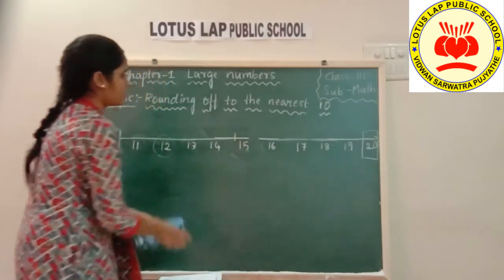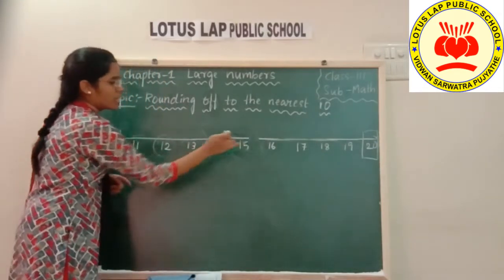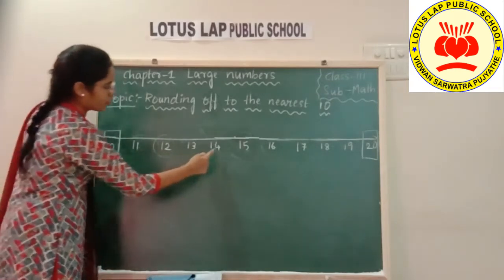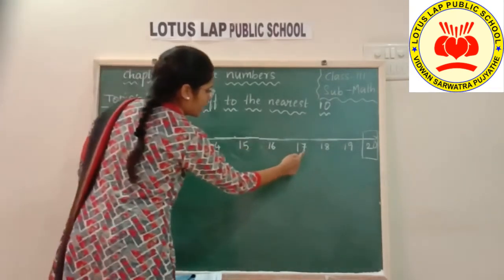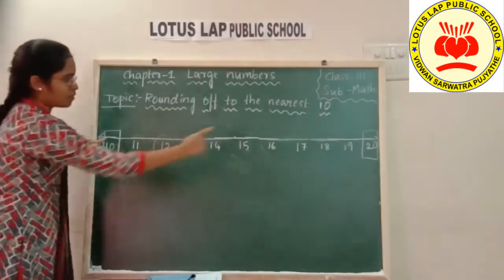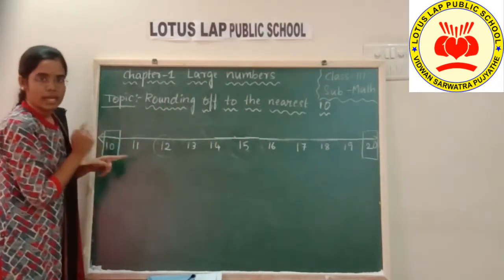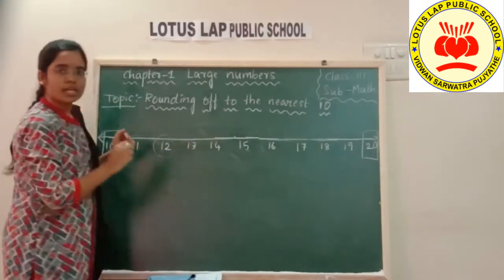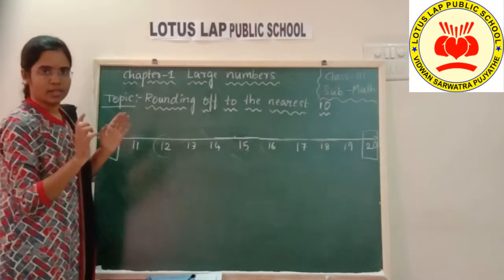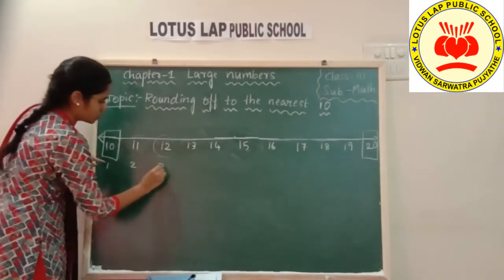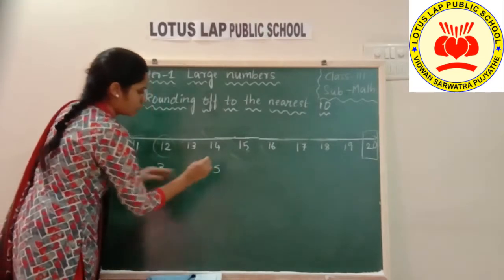See, let us count the numbers on the number line. 1, 2, 3, 4, 5, 6, 7, 8, 9, 10, 11. Yes children, there are 11 numbers on the number line. We shall divide the numbers into 2 equal halves, from this side and from that side. 1, 2, 3, 4 and 5 this side.